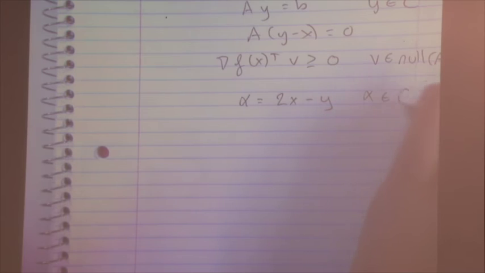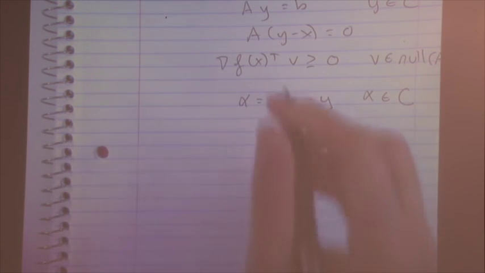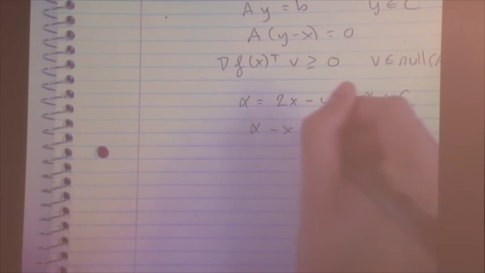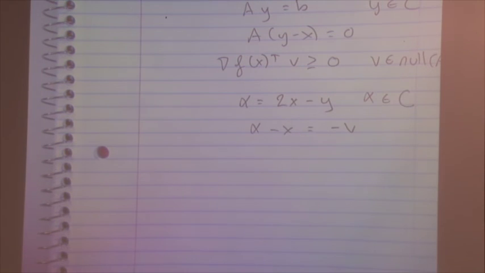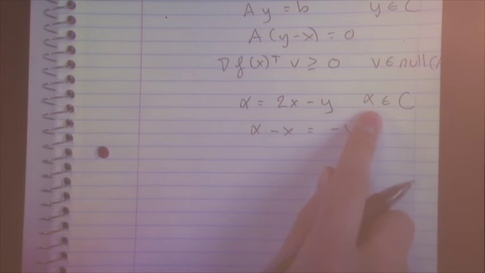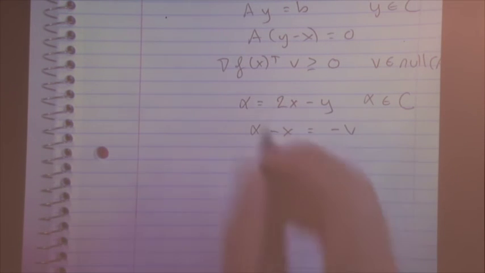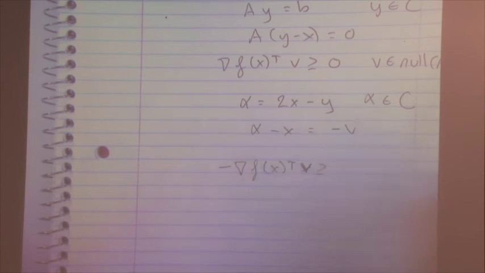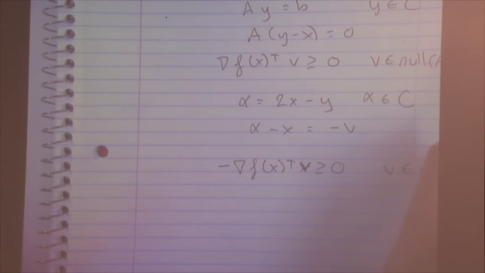Alpha is going to be in C, and alpha minus x is going to equal negative v. So because alpha is feasible and my first order optimality condition is holding, by picking that other alpha, I can also prove that this is greater than or equal to 0 for all v in the null space of A.